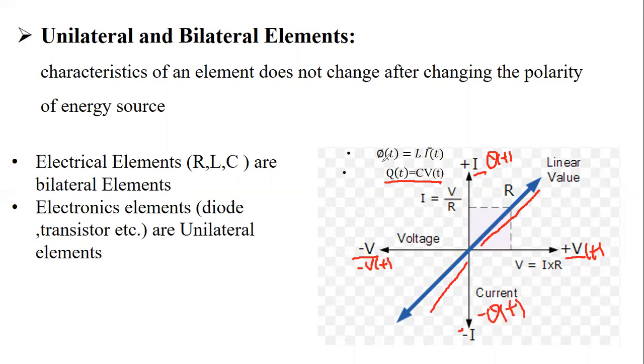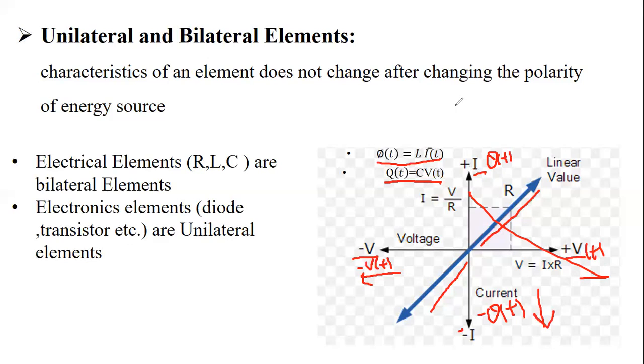Same with the case of the inductor, phi(t) equal to L i(t). So the x-axis variable is my current i(t) and the y-axis variable is the flux. If we change i(t) to minus i(t), then the flux becomes minus phi(t).